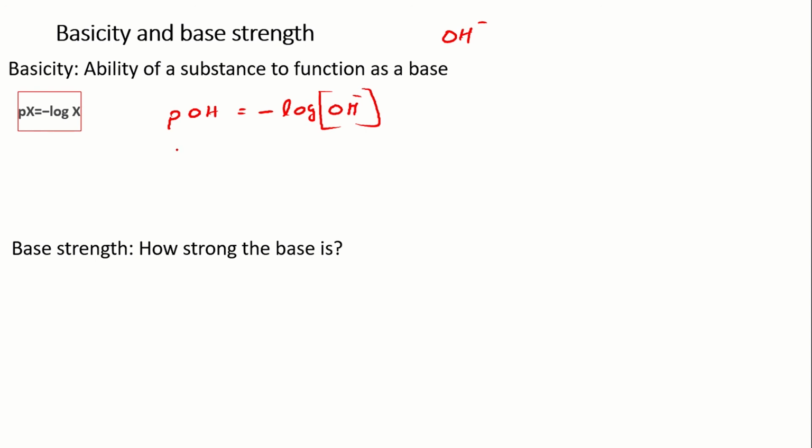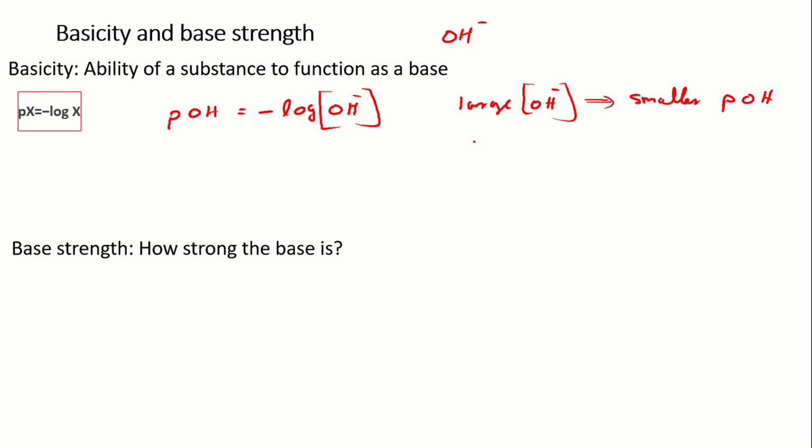You will see the same trend you observed for pH. If you have large OH concentration, larger the OH concentration, the smaller your pOH is going to be.